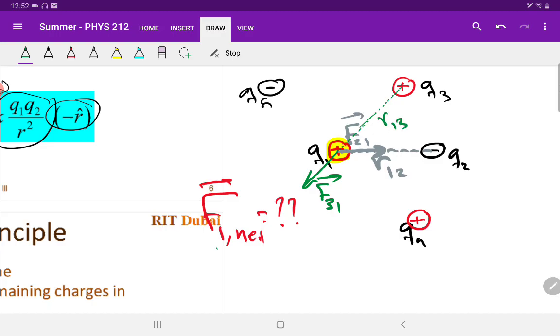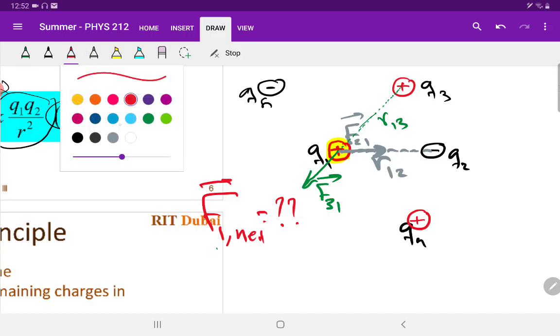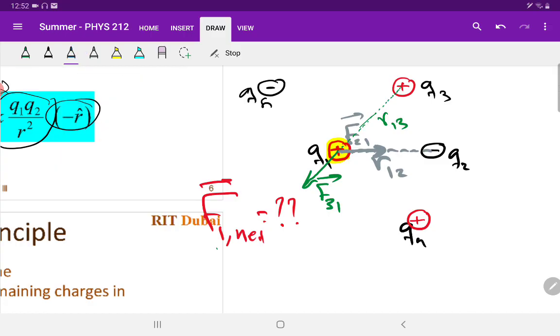Now, we are not done yet. We still have two point charges. I can choose a different color here to describe this one. We know that there is also an interaction between Q1 and Q4. I can describe it by first drawing the line that connects Q4 and Q1.